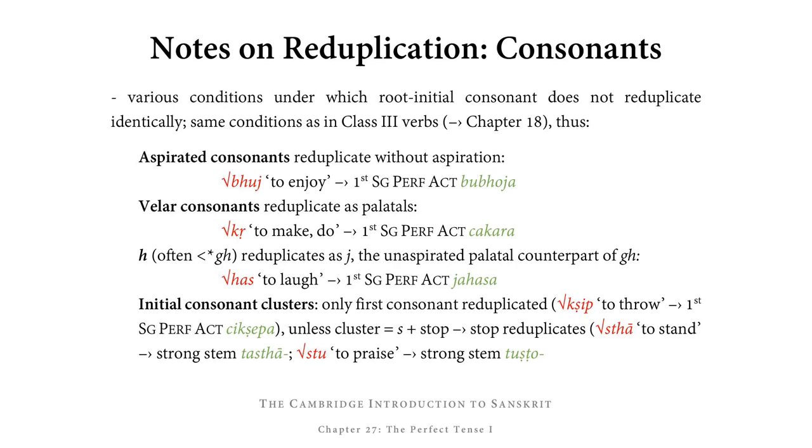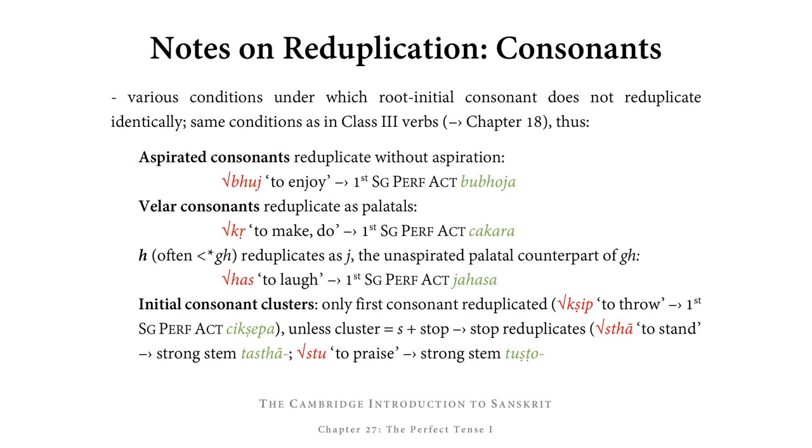K is a velar. Velars get reduplicated as palatals, and so k is reduplicated as ch, and so we get a first singular chikshepa, where chi is the reduplicative syllable, kshep is our root in guna, and a again is the ending for the first singular perfect active.